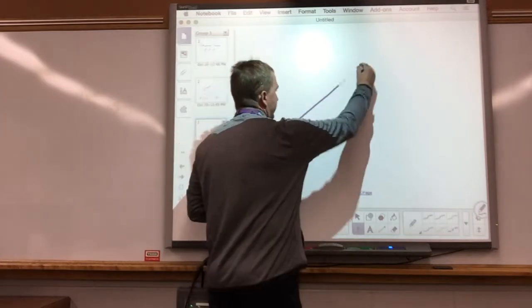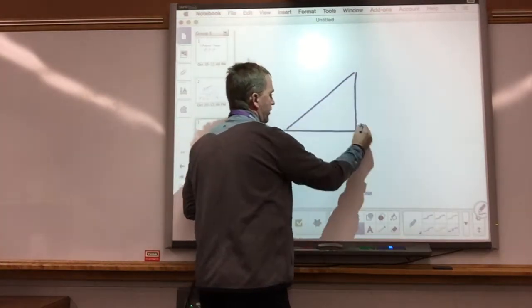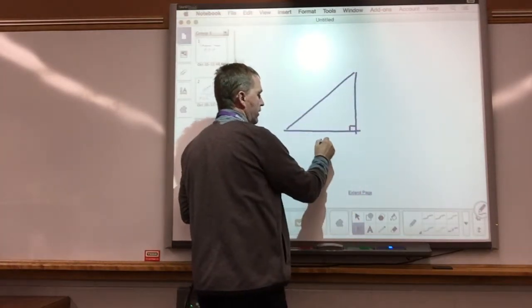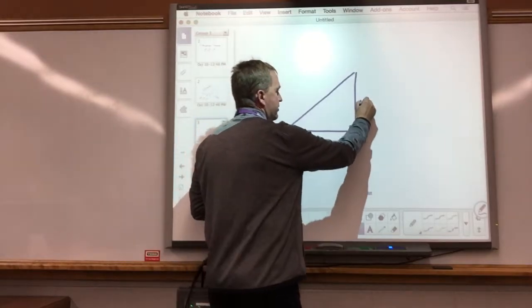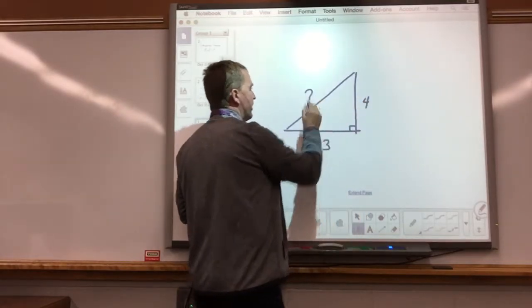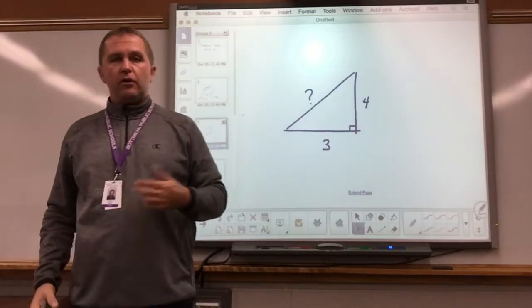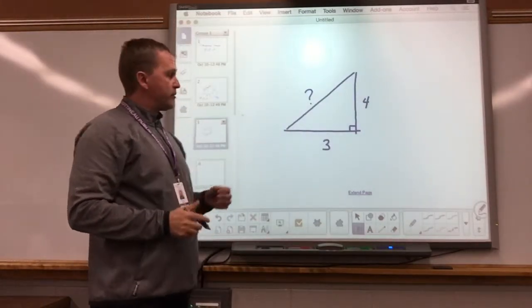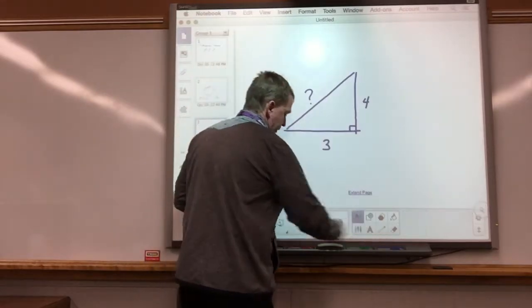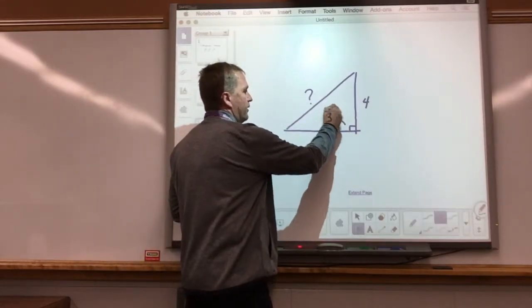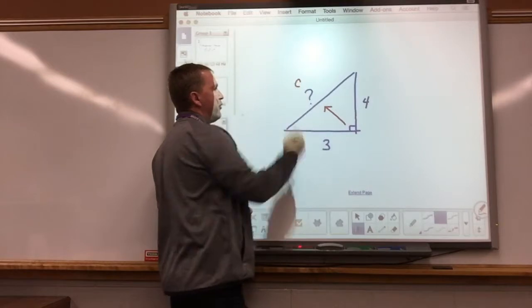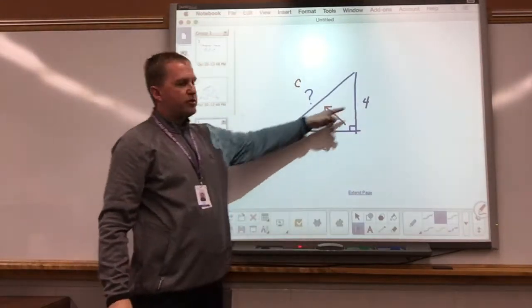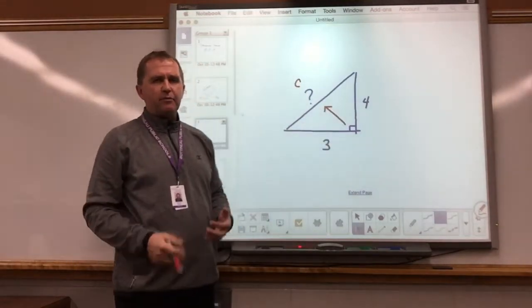Let's say in this case we are given a right triangle, and we know that this side down here is 3, this side is 4, and we would like to know what the side across from the 90-degree angle is. If you remember, the side across from the 90-degree angle has to be the hypotenuse, therefore we have C. The numbers 3 and 4 can be A and B, and it doesn't matter which order.